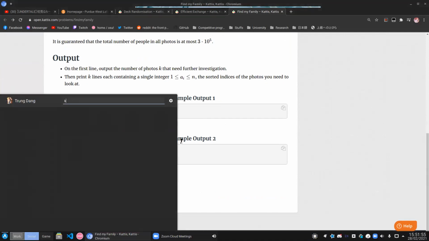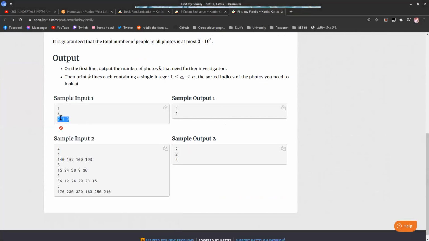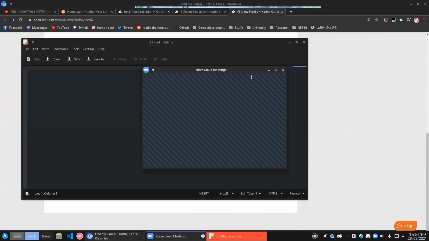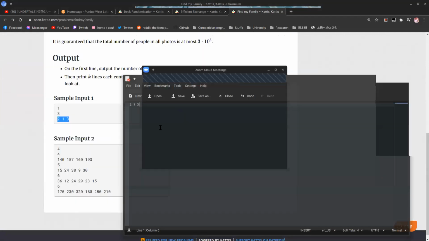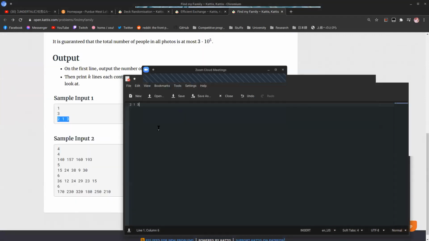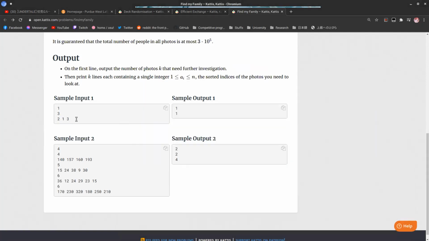You want to find three positions such that the middle position is the smallest number, the left position is the second smallest, and the third position is the largest. For example, this array doesn't have that pattern, this array has that pattern, and so on.